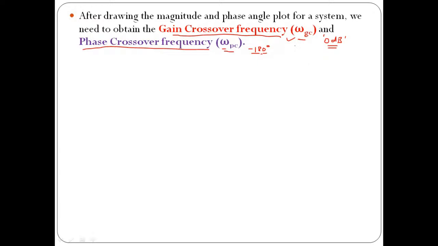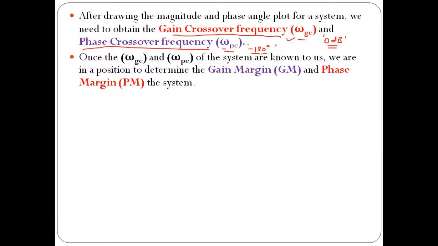What is gain crossover frequency? It is nothing but that frequency where the magnitude plot is going to cut the 0 dB line. And what is phase crossover frequency? It is that frequency where the phase angle plot is going to cut the minus 180-degree line. This is very important.